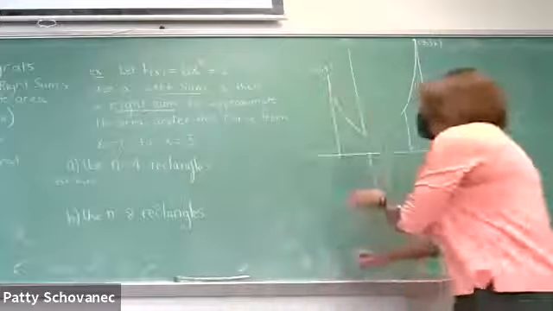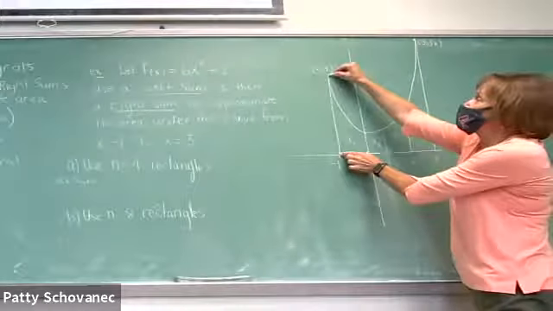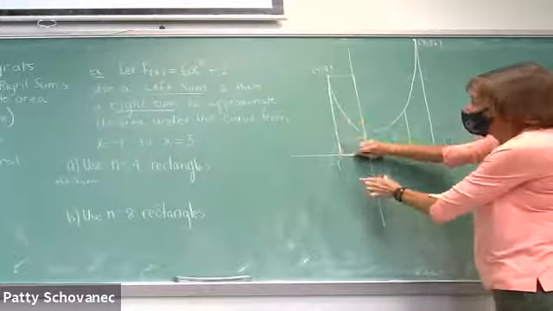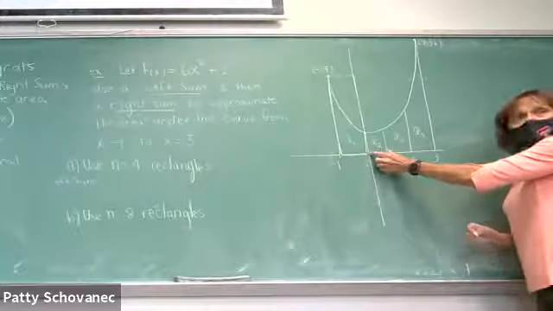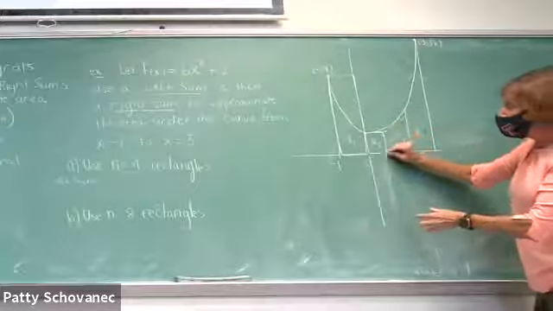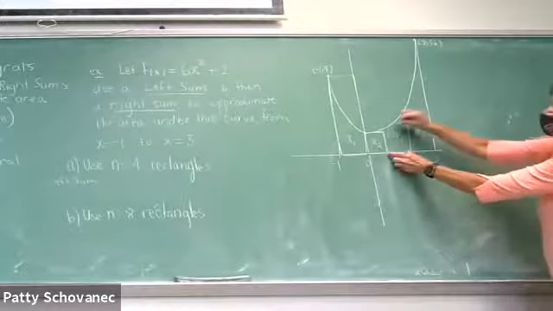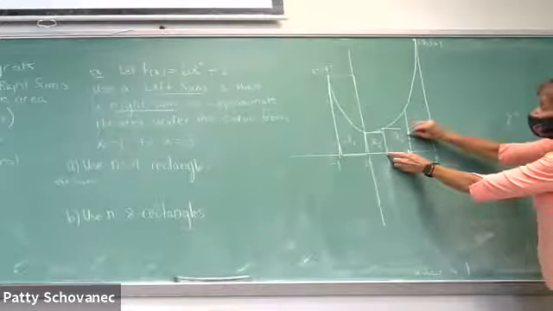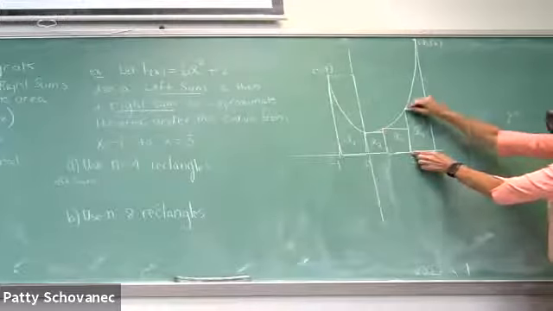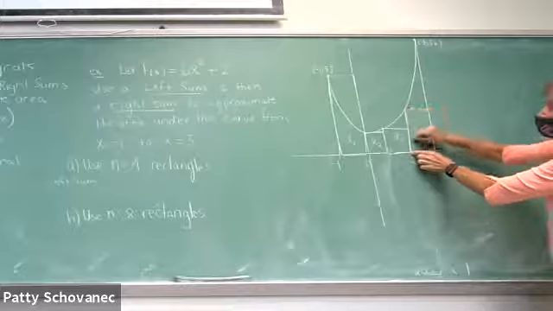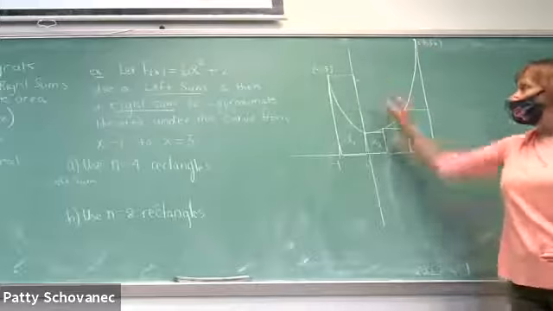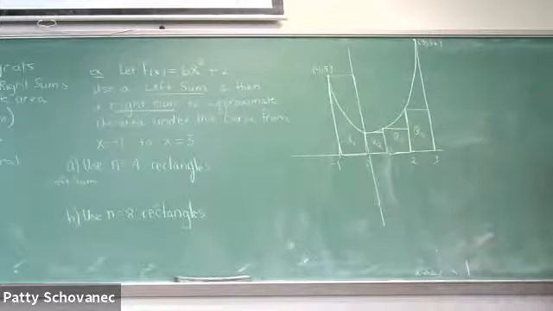So here I am in rectangle number 1, and my left end point is here, so it's this rectangle. In rectangle number 2, my left end point is here, and so I make that rectangle. Rectangle number 3 has this as the left end point, and rectangle number 4 has this as its left end point. So I use the area of those 4 rectangles to approximate the area under the curve.